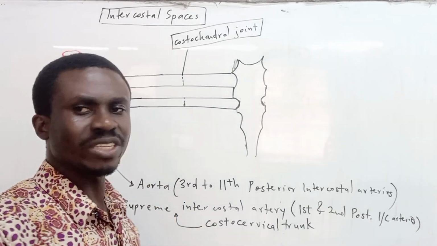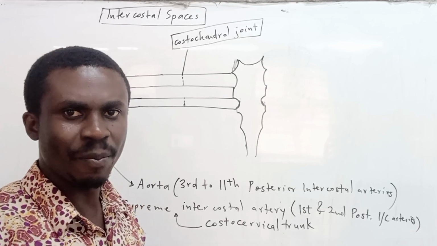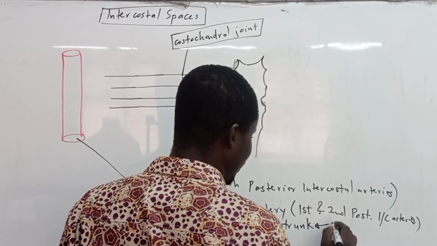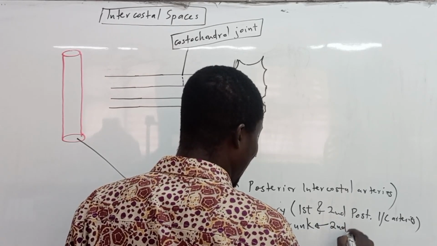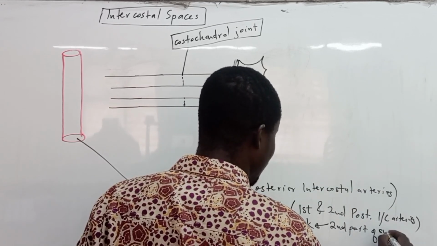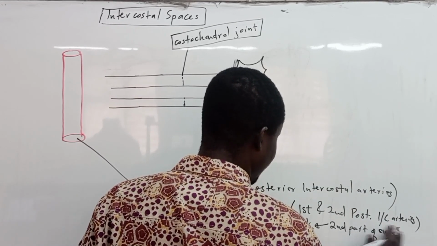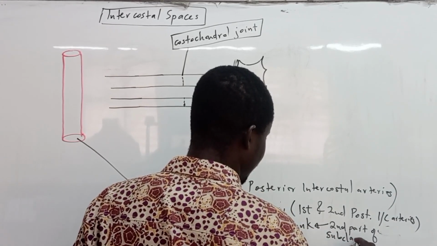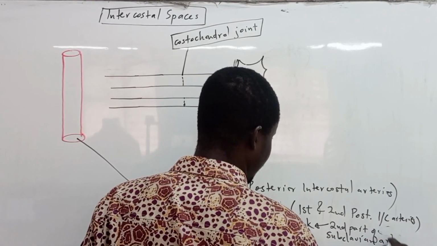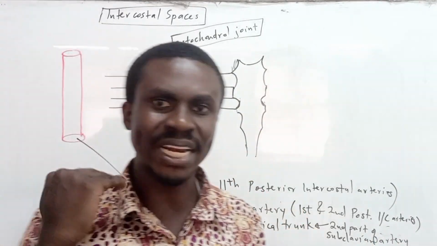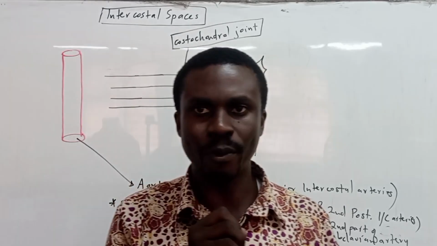And even this costocervical trunk is actually coming from the second part of the subclavian artery. Second part of the subclavian artery. Okay, that is what I want you to know.